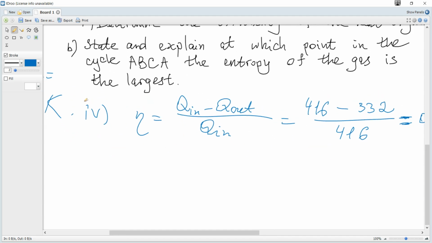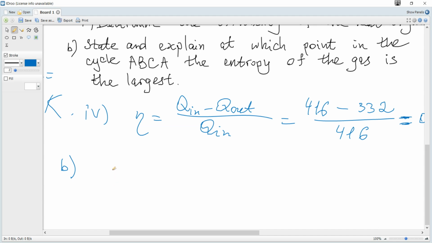The next question, B: state and explain at which point in the cycle the entropy of the gas is the largest. What is entropy? Entropy is a measure of disorder of a system.